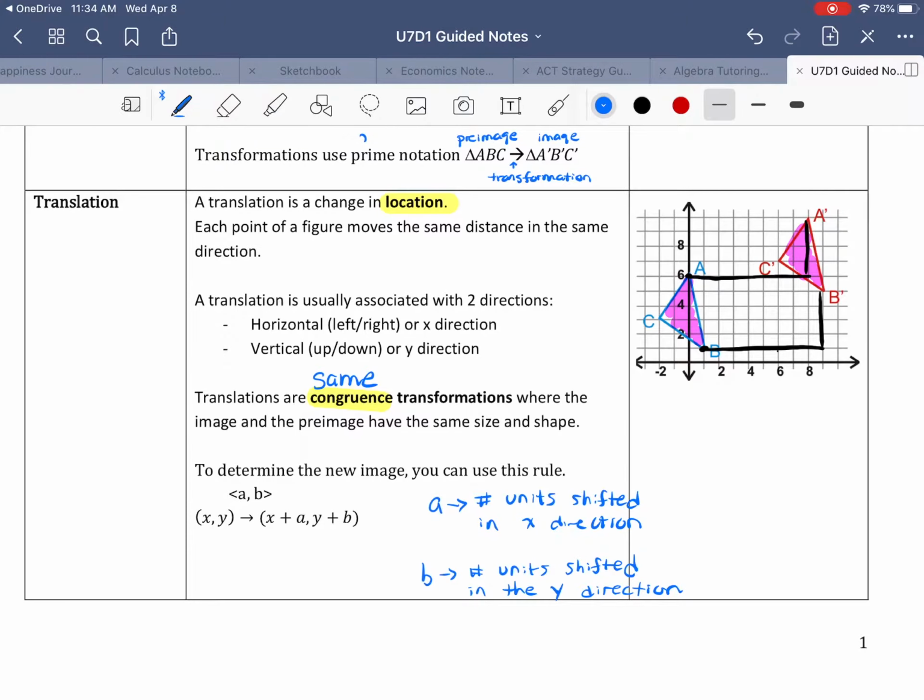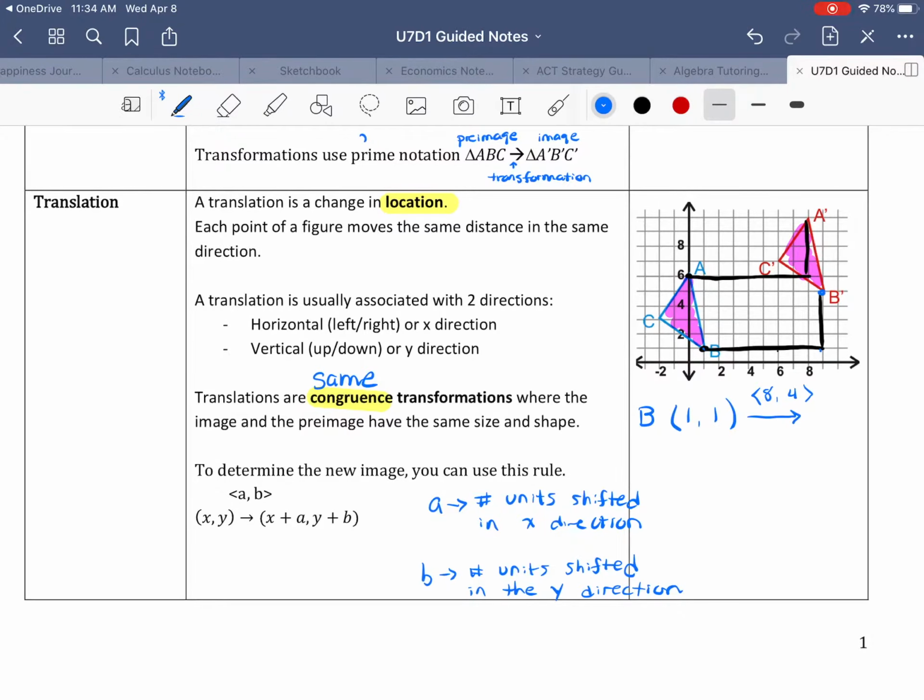So if we go back to our image over here, let's take the point B which is 1, 1. And we're going to translate that 8 and 4, which means we're going to go from point B, and then we're going to go 8 to the right, 1, 2, 3, 4, 5, 6, 7, 8, and then we're going to go up 4, 1, 2, 3, 4.